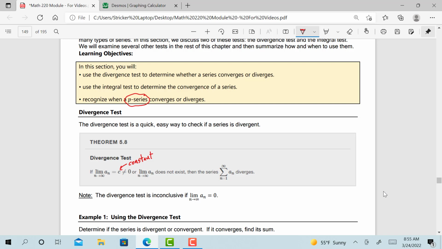Or, so it's two things. If it's equal to some nonzero constant, or if that limit does not exist (DNE), in either case, then the series diverges. Notice one thing: it does not say anything about convergence.